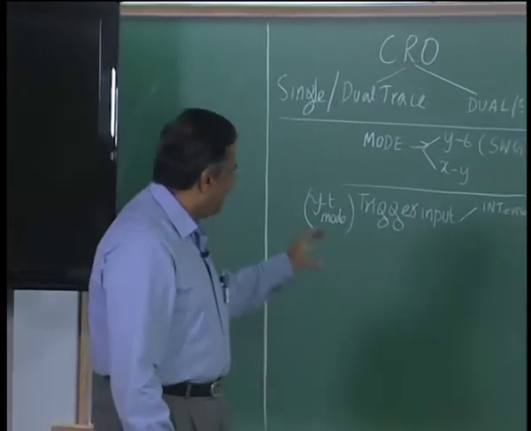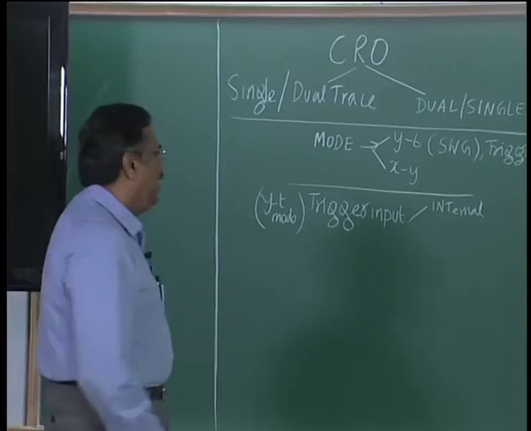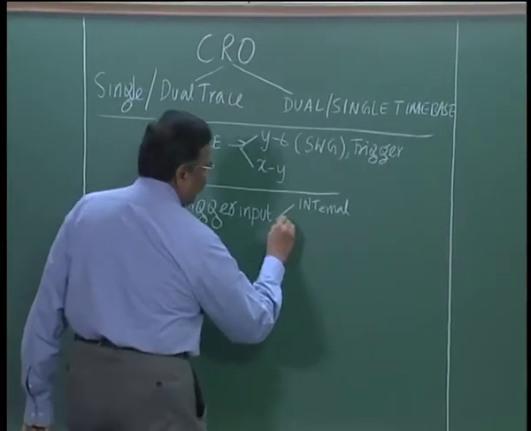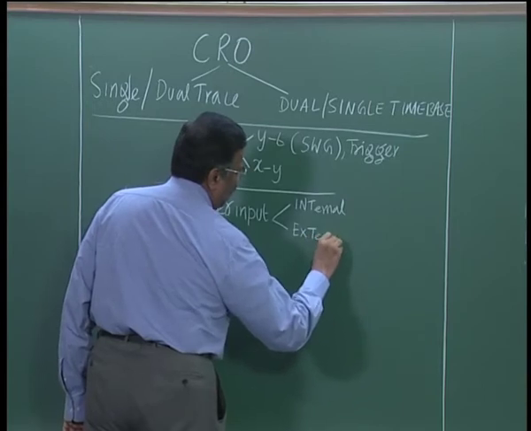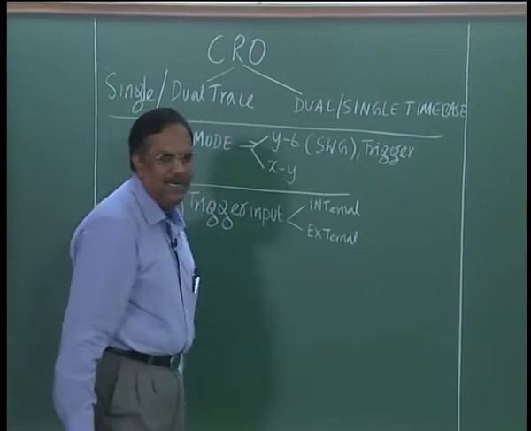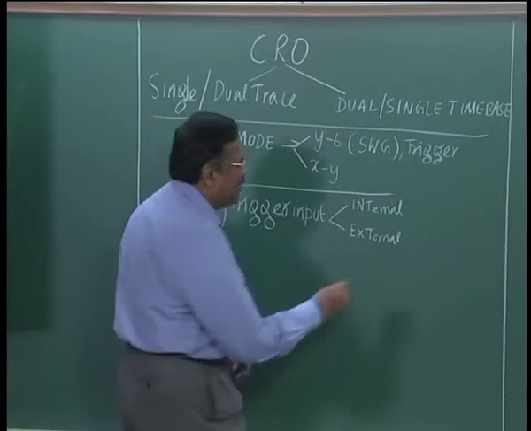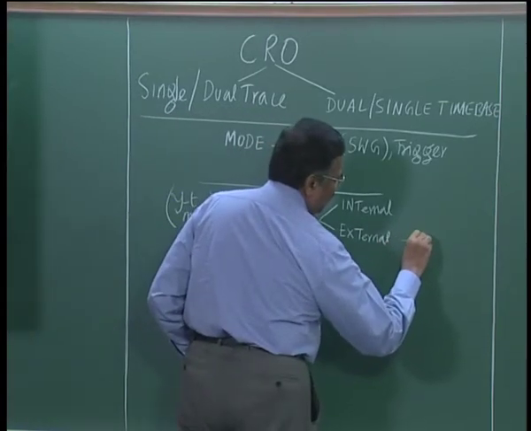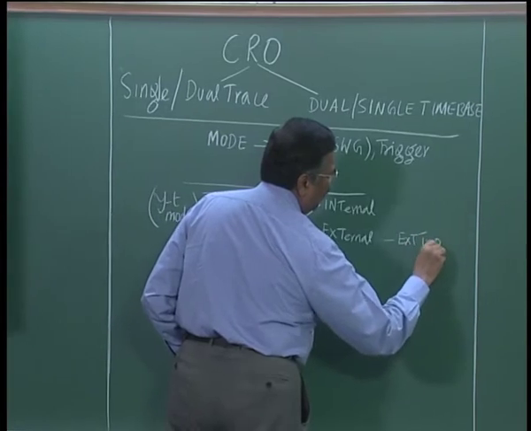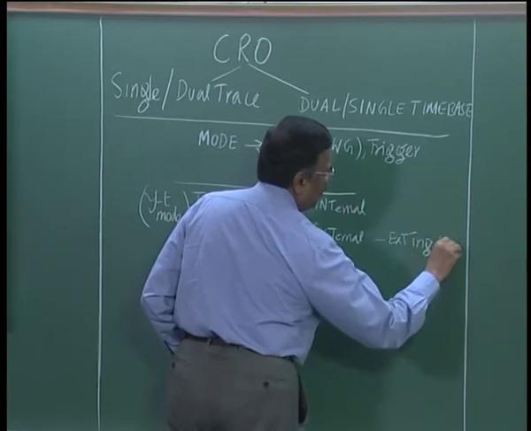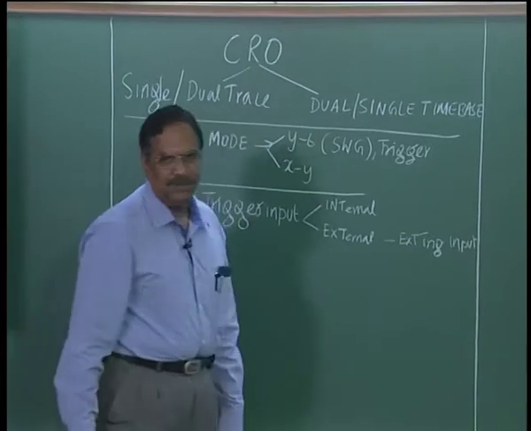So that means that is internal mode. Then you have external mode, again EXT will be printed and there will be an external trigger input provided on the oscilloscope, right.